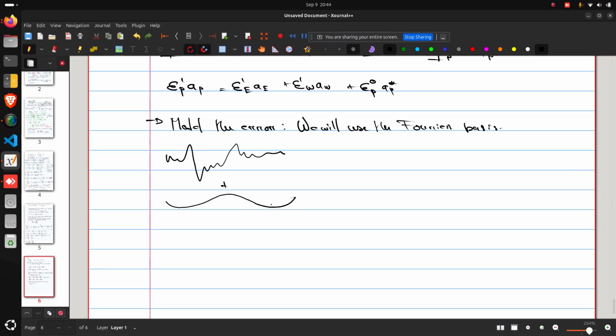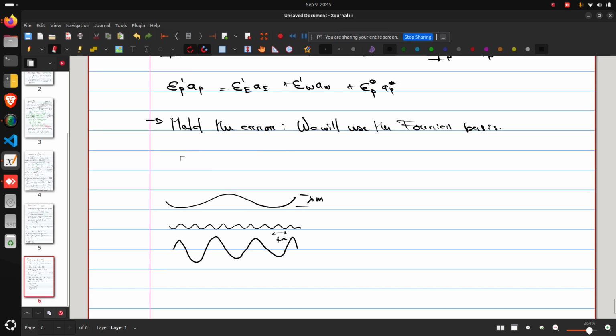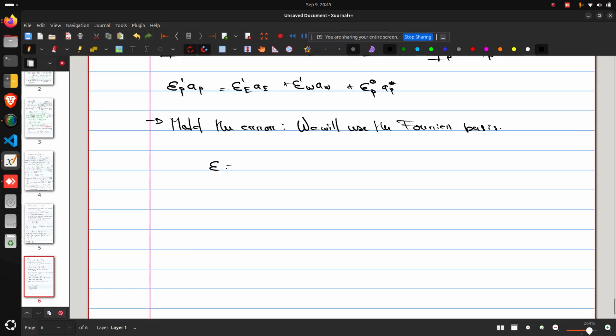This is nothing but a linear combination of different sine waves and cos waves depending on the different amplitude and the frequency, right? So this is nothing but the amplitude lambda m and frequency, that is k m. Okay, we'll just model it. We'll model epsilon as a summation of m, e to the power minus I k m x, e to the power lambda m t.